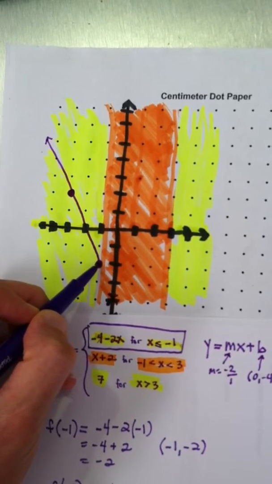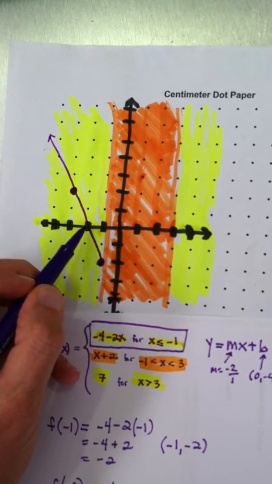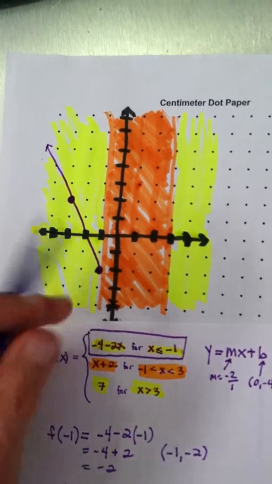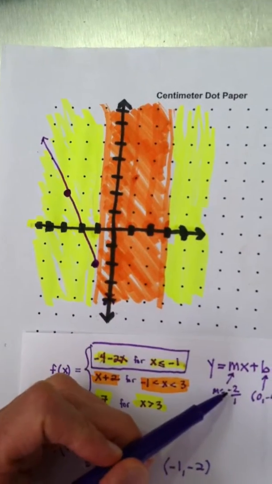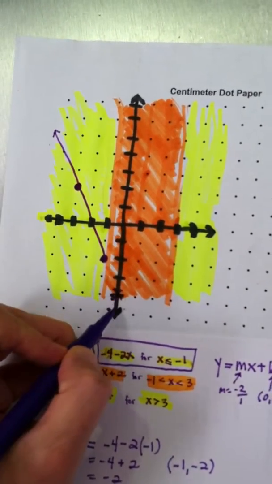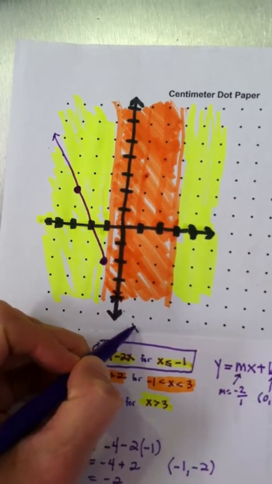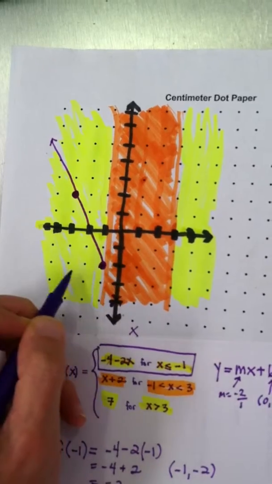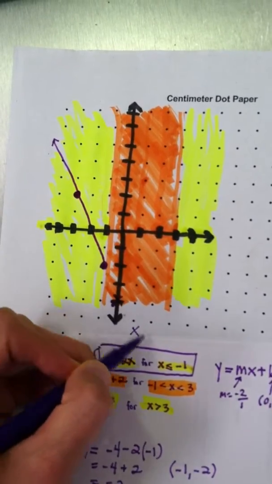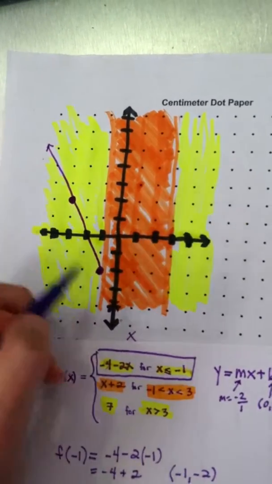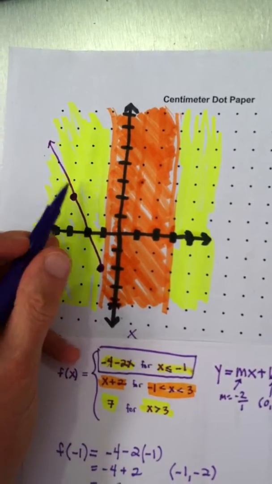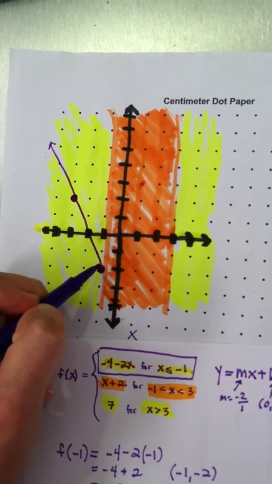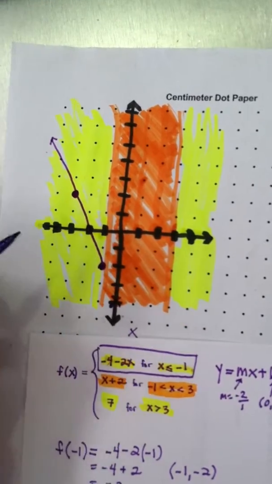Then I can start drawing my line up 2, back 1, up 2, back 1. Note that the slope is really telling me down 2, over 1, but if I go down 2, over 1, I'm going to be in the part of the line that's not part of the inputs. It's not part of the domain. So I don't want to draw the line going that direction. I want to backtrack and start drawing the line where the domain is included.